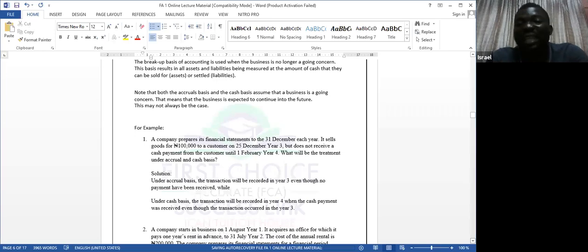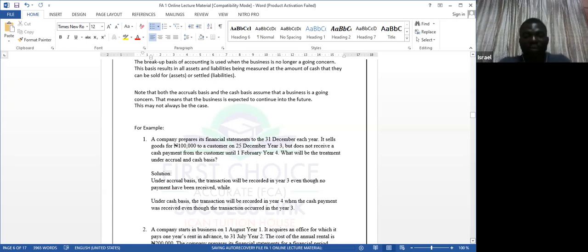So in year 3, there will be no accounting record for the sales of 100,000. The record will come up in year 4, showing that the sales occur in year 4. So that is the major difference between the accrual basis and the cash basis.